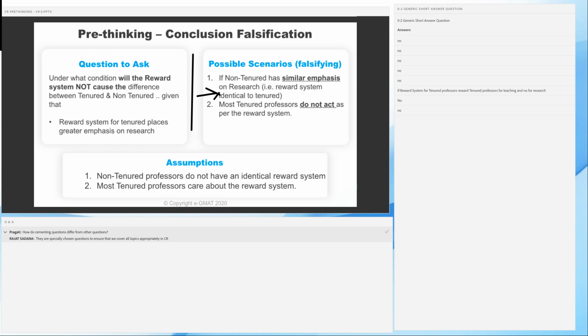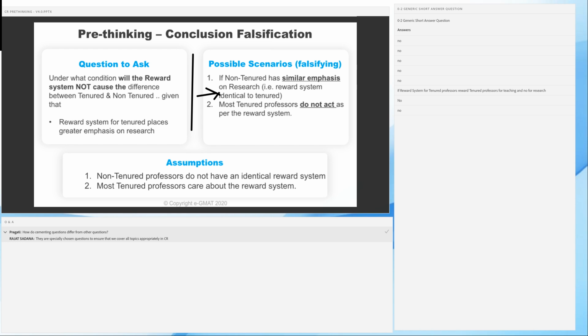Okay. Shivani says, what if we cannot think of the pre-thinking part immediately? First of all, you only have to come up with one assumption, not multiple assumptions. I am doing a much more exhaustive thing because I want to show you what all can come. Even if you come up with one, what essentially you will have proven is that you understand the logic of the author.